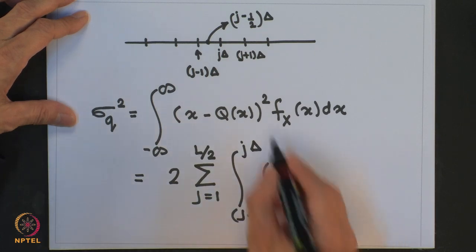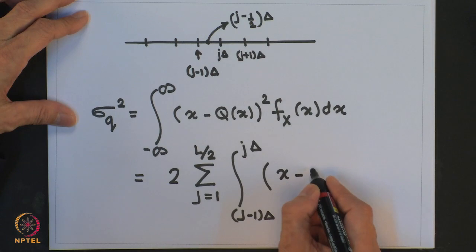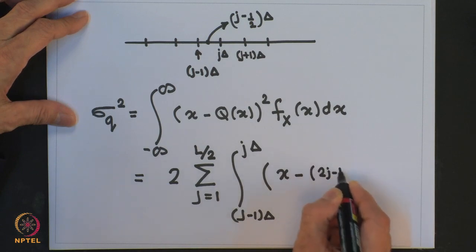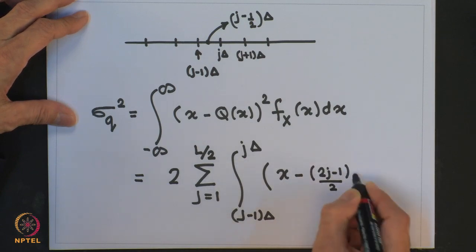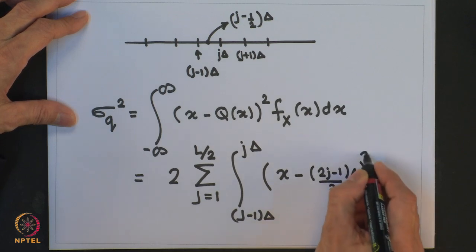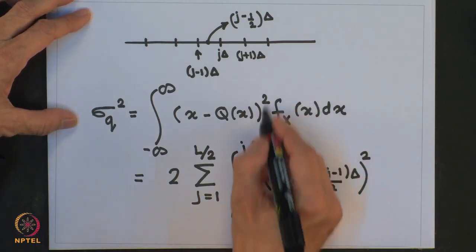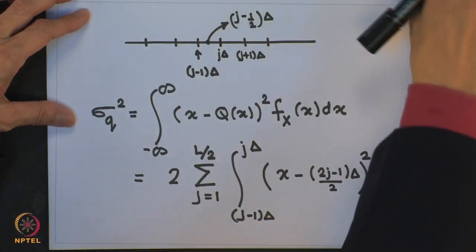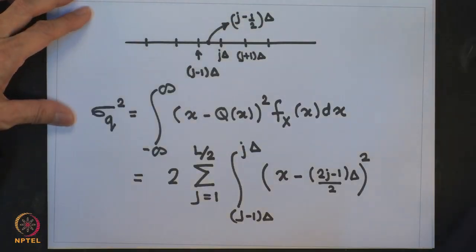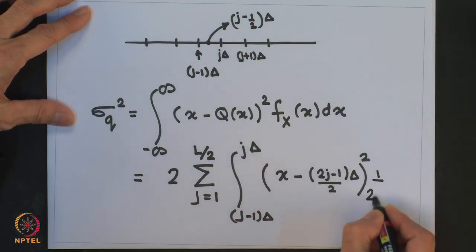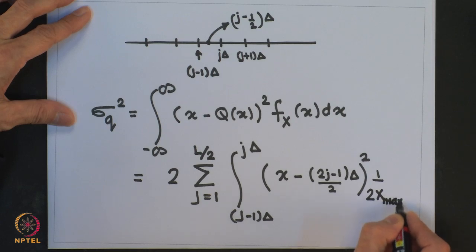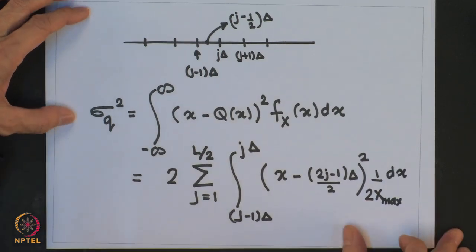The reconstructed value would be this, that is nothing but 2j minus 1 times delta by 2. This would be the error. The PDF would be given by this, 1 by 2 x max, and dx. And we have L intervals. So, this is the distortion which we get.